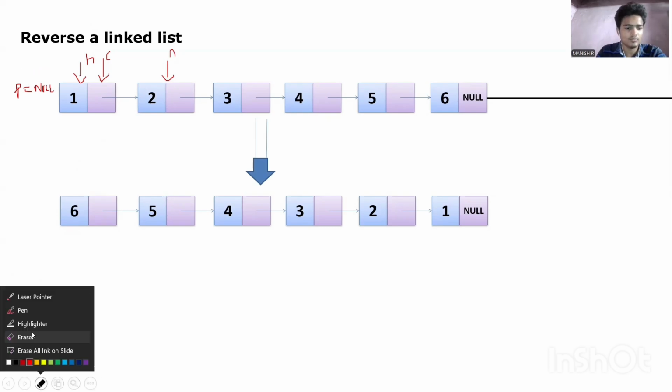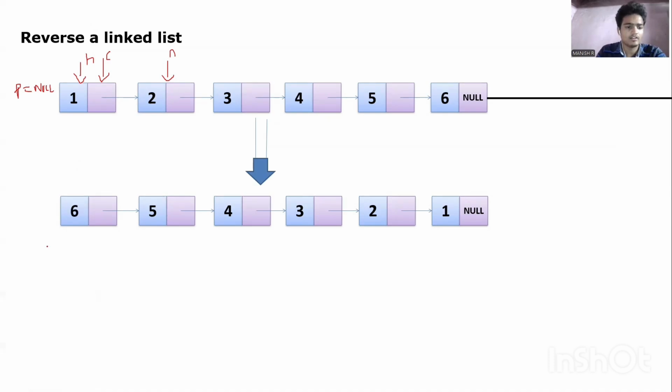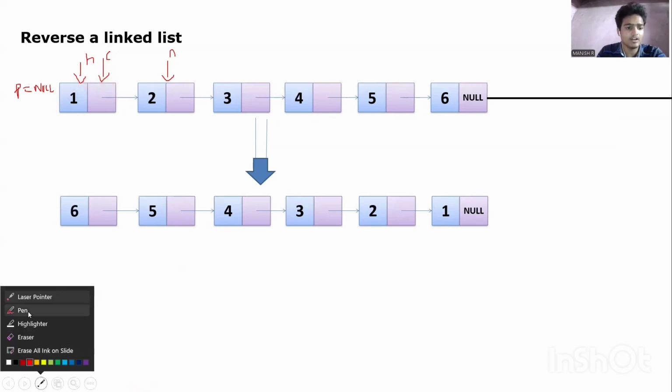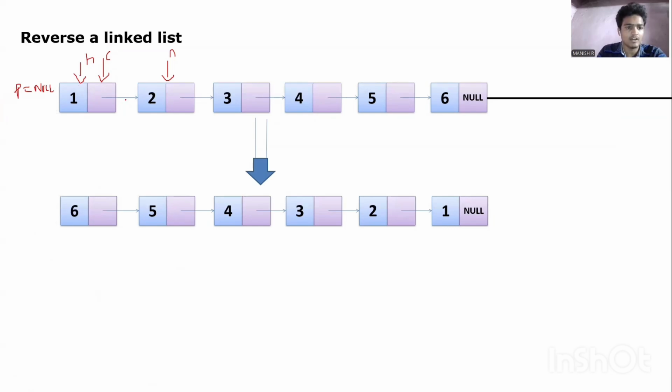Now next is pointing to the current of next, and the next line is current of next becomes previous. Previous here is null, so this arrow will now point here.